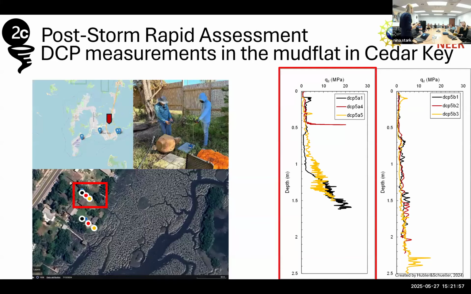That could be because of the trees around, or maybe because of human activities when they built the houses, with heavy machines on the ground. So we need to interpret those results. We need to see what the DCP is telling us and how we can apply it for tidal flat research and post-storm reconnaissance in the future. I think this instrument has great potential, and we need to see how we can translate soil stiffness into values for decisions in the future.